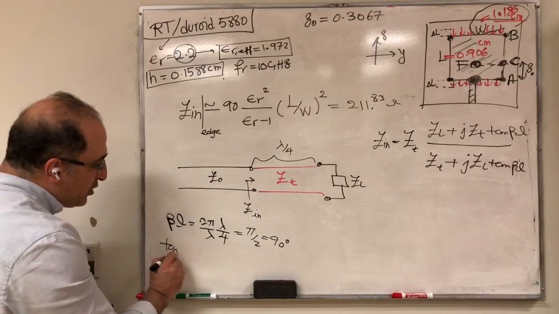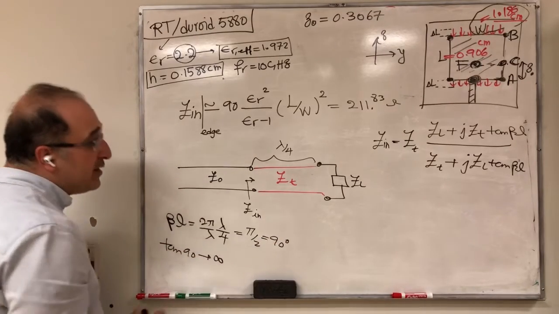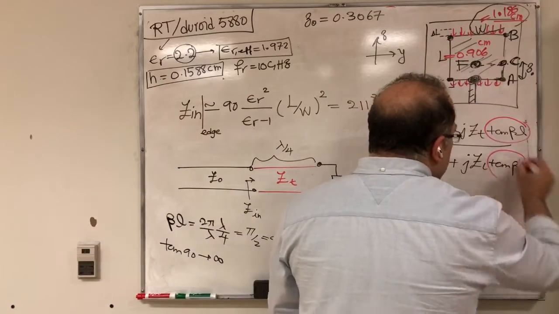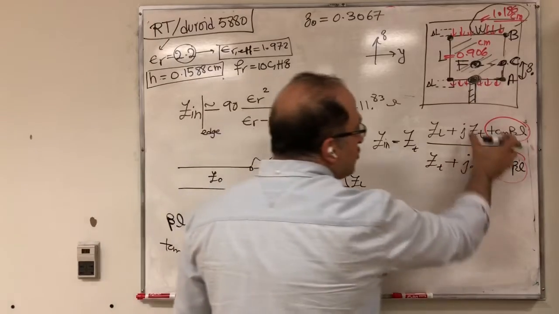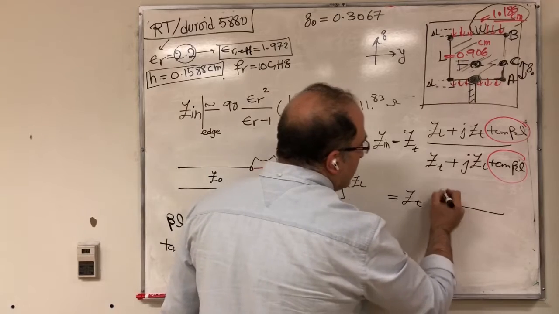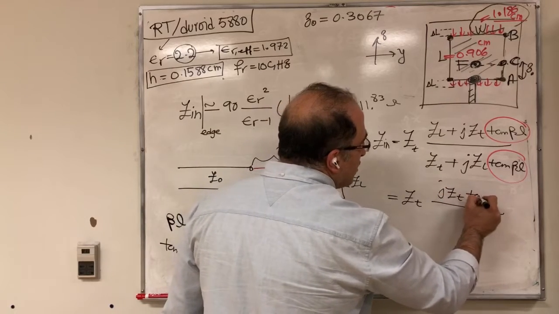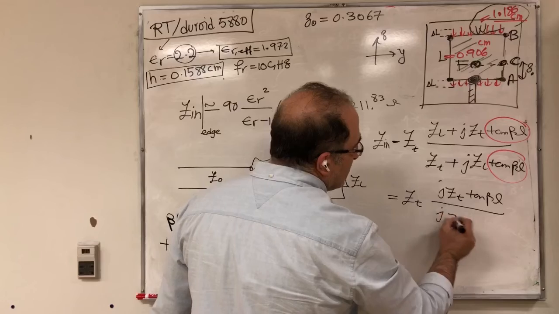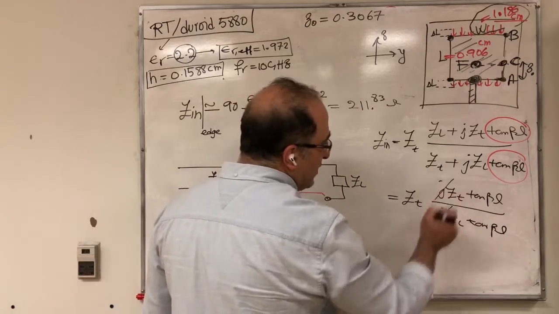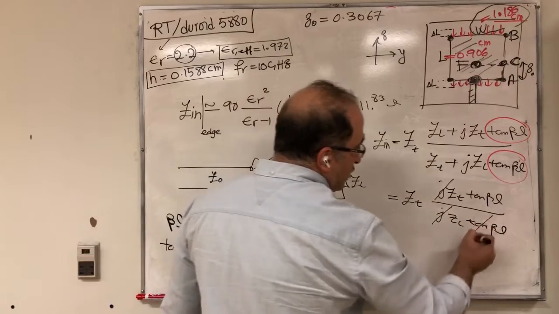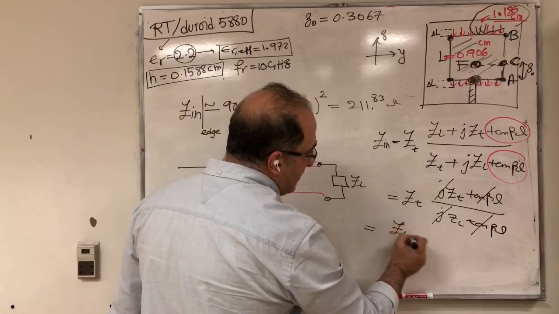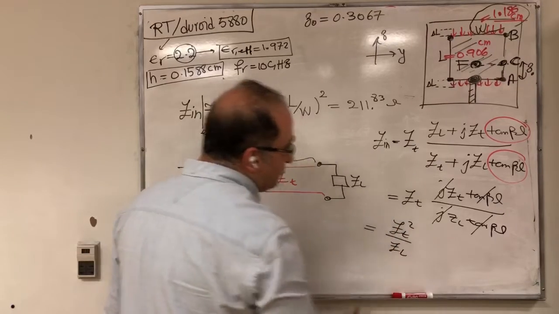And we know that tangent of 90 degrees goes to infinity. So essentially that means this becomes very large, this becomes very large. So in the limit, these two terms become dominant. So you end up with ZT times j ZT tangent beta L over j ZL tangent beta L. So j and j cancel, and then tangent beta L and tangent beta L cancel, and then you get ZT squared over ZL.